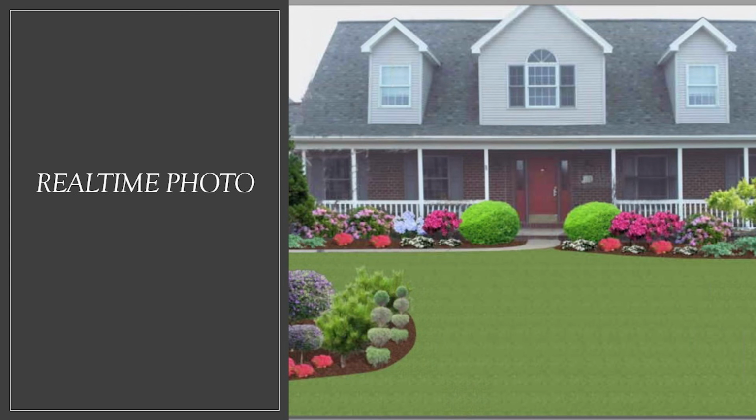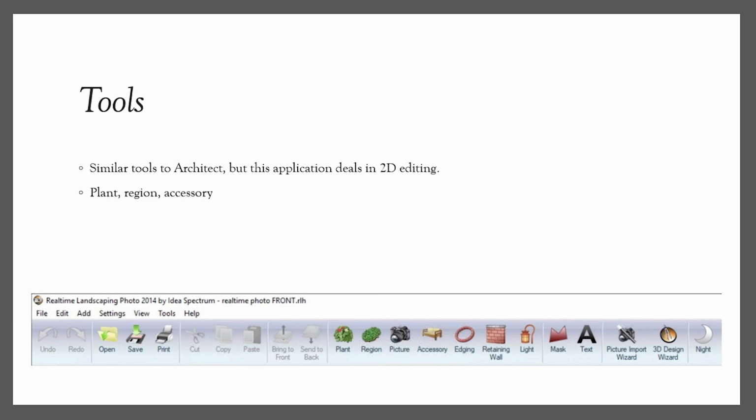So now we're going to switch over to Real-Time Photo, and you're going to get to see this other application that we used. So the tools and what you're going to get in Real-Time Photo, it's very similar to Architect, but this application deals with 2D editing, so there's no 3D models and that sort, but we have the basics: plant, region, accessory.